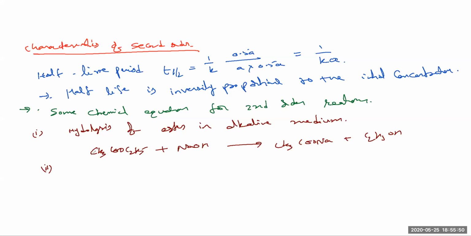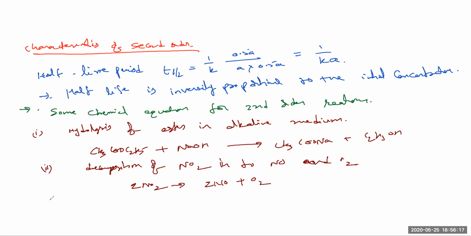Next one is the decomposition of NO2 into NO and O2. That means 2 moles of NO2 gives rise to 2NO plus O2.